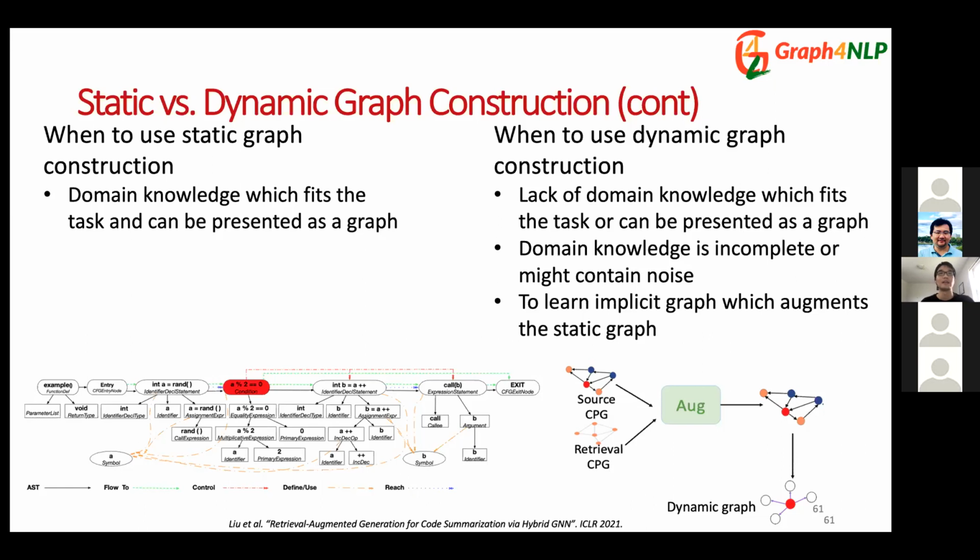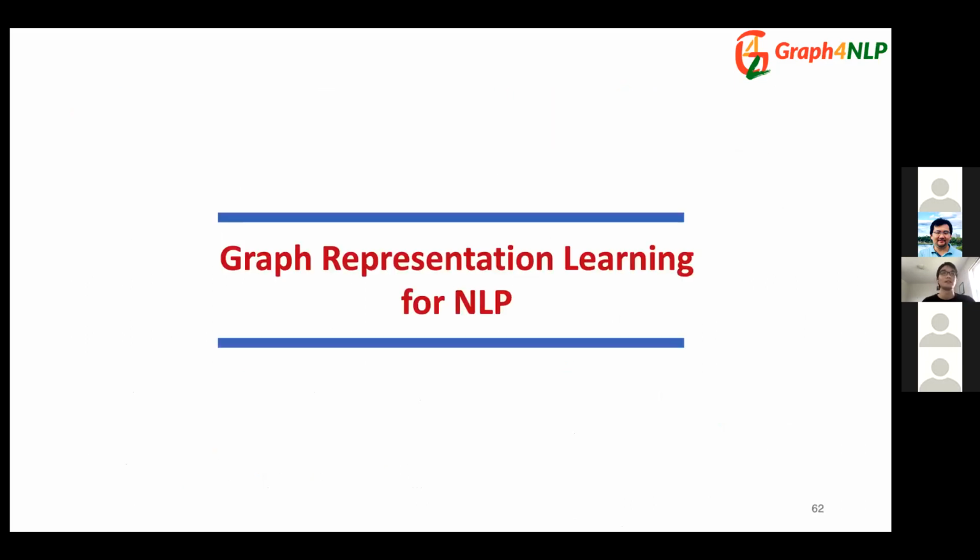So in this case, we can leverage dynamic graph construction to learn an implicit graph which augments the intrinsic graph, and as a result, we might learn a better graph structure which is optimal for the downstream prediction task. And the good thing is that we can do this graph structure learning in an end-to-end manner.